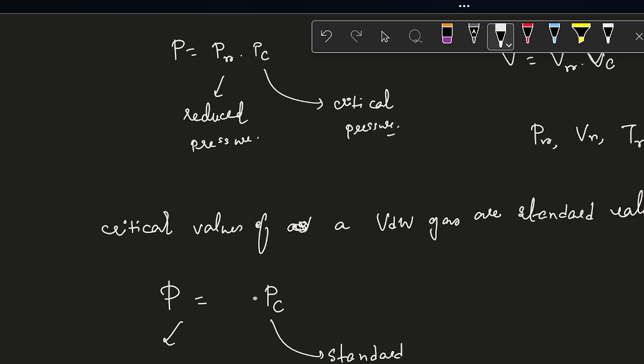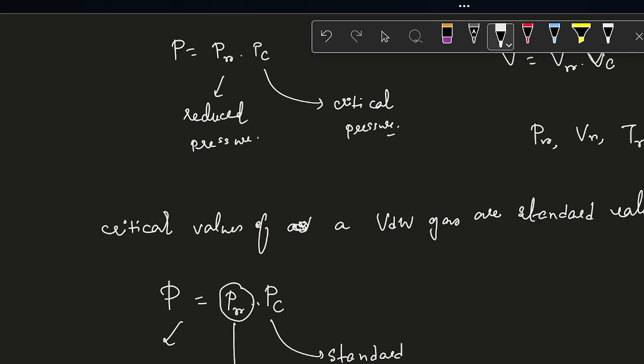So how should these two be related? Because they are both pressure values, they should be related by another pressure quantity, a connecting factor between them. The factor which relates the standard constant value to the net variable pressure value is another variable, represented as the reduced pressure, because this reduced pressure is nothing but your total pressure divided by your standard critical pressure value.